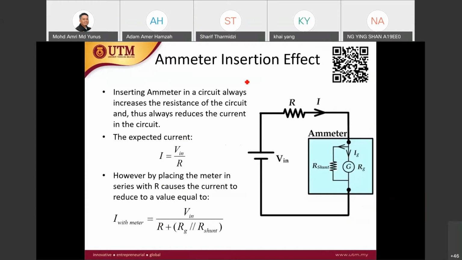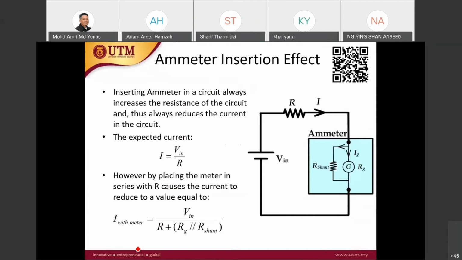Okay, insertion effect. If you remember, for a voltmeter we have the loading effect. But for an ammeter, we have a condition we call the ammeter insertion effect.